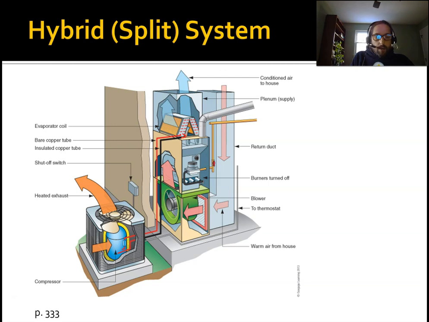Now you can have a hybrid heat pump system as well, and there's a benefit to that. I mean, again, with the heat pump system, it's basically the same as central air with just a few more valves, so it's not much more expensive to have a heat pump system versus a central air system.